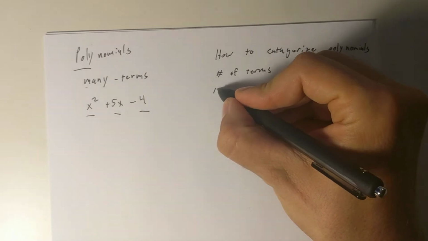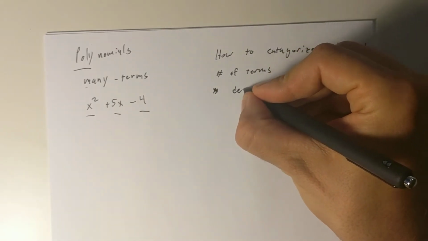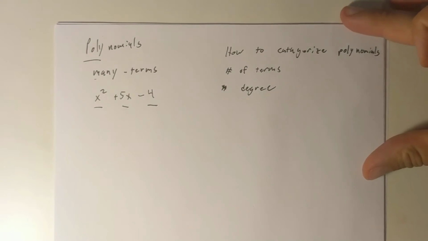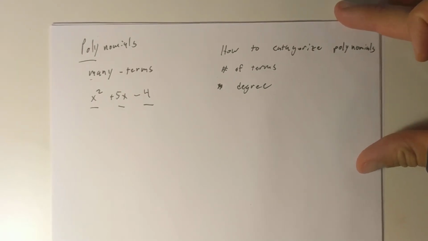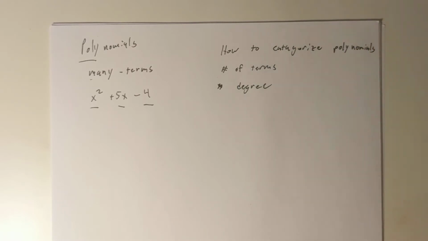The second way is through the degree. So we're going to do it by number of terms and the degree.